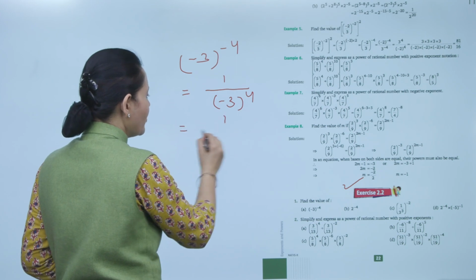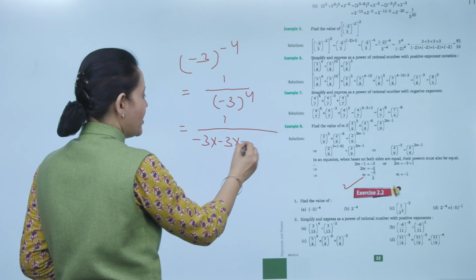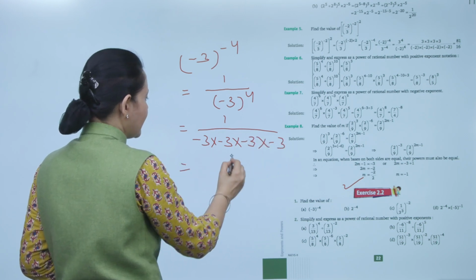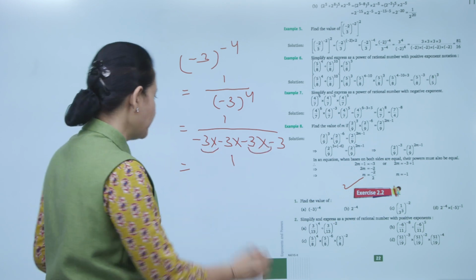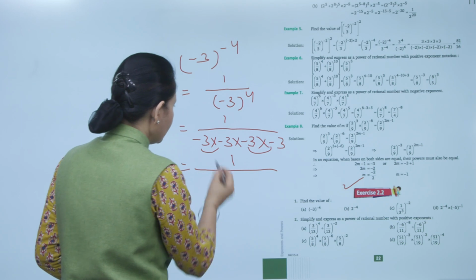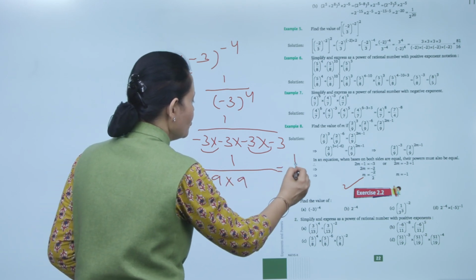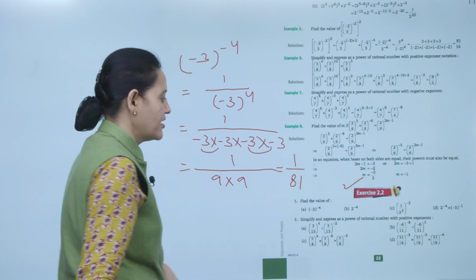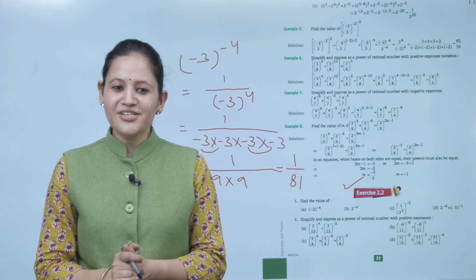So, that is equal to 1 upon minus 3 into minus 3 into minus 3 into minus 3. So, minus minus becomes plus, 4 times, 9 into 9. So, that is equal to 1 upon 81. So, that is the value. Clear? So, practice all the questions of this exercise.